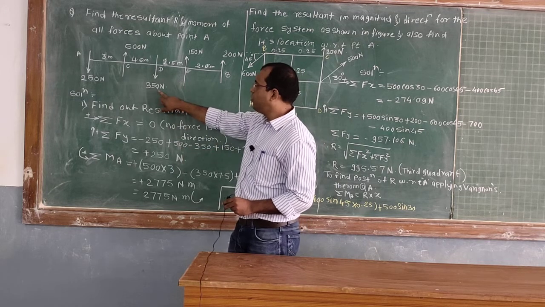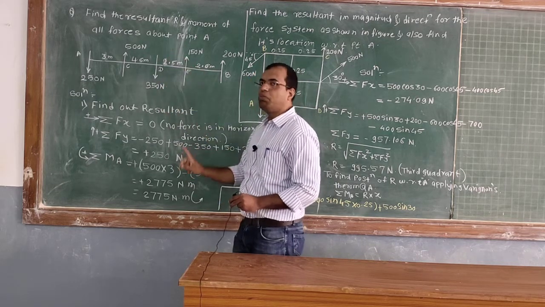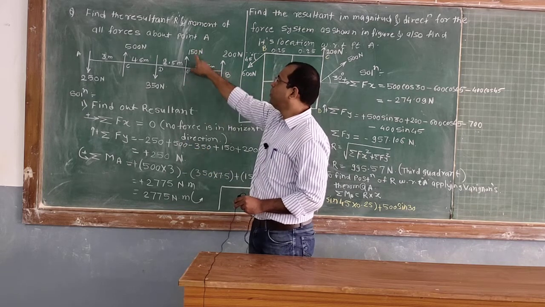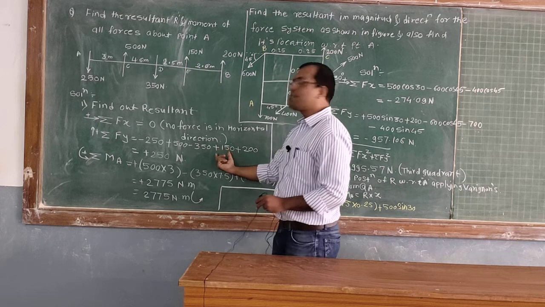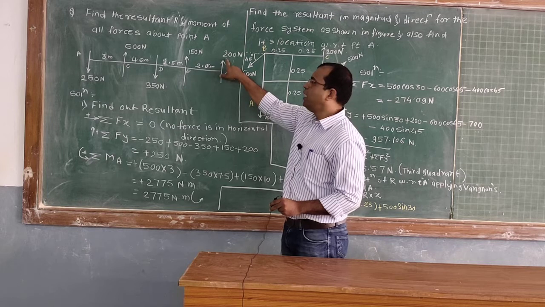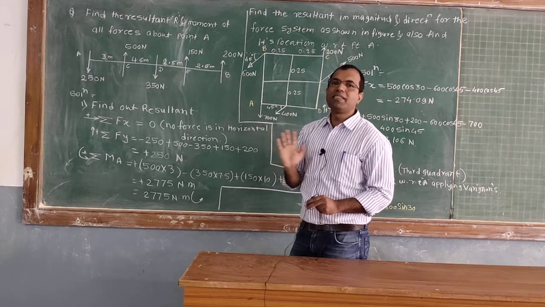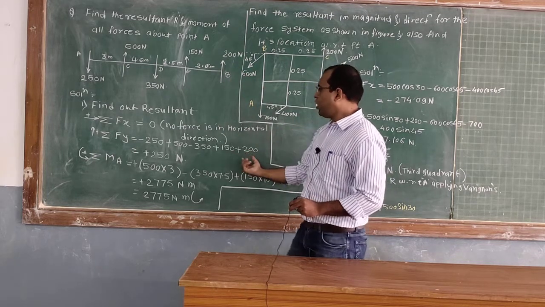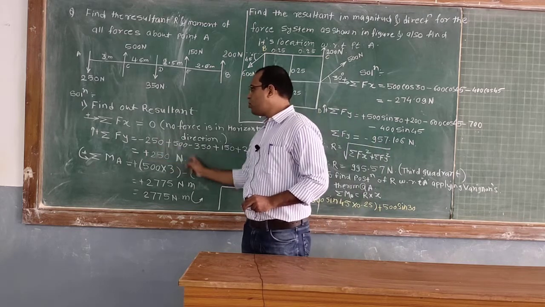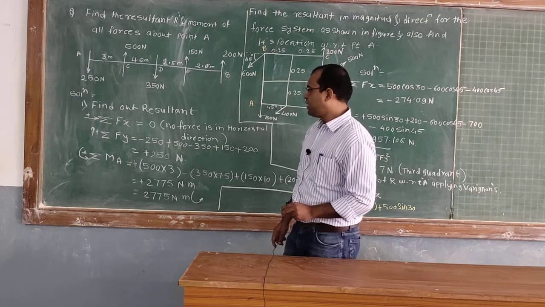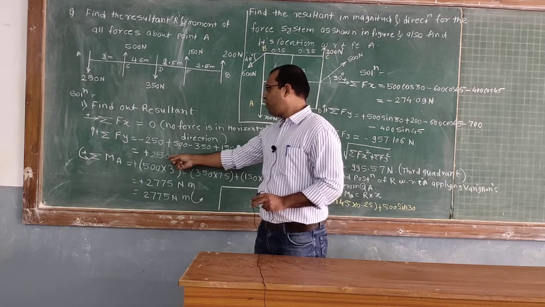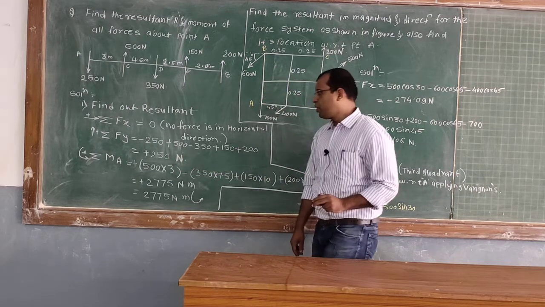The third force, 350 Newton, is again downward, so minus 350 Newton. The force of 150 Newton is vertically upward, so plus 150. Another force, 200 Newton acting at B, is vertically upward, so plus 200. After adding these, the answer comes out to be plus 250. So it indicates that your summation of Fy is 250 Newton.